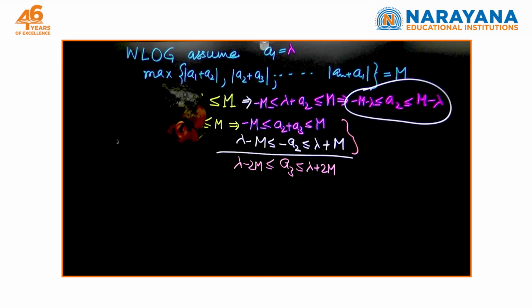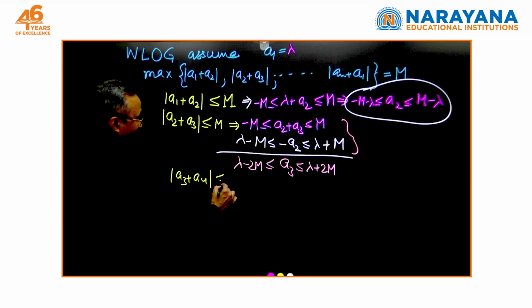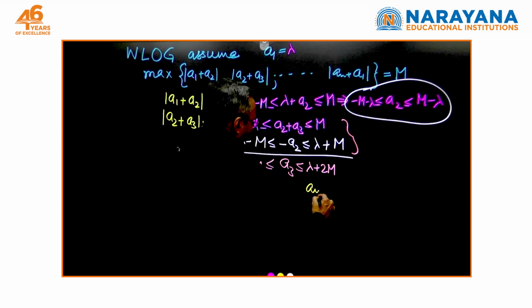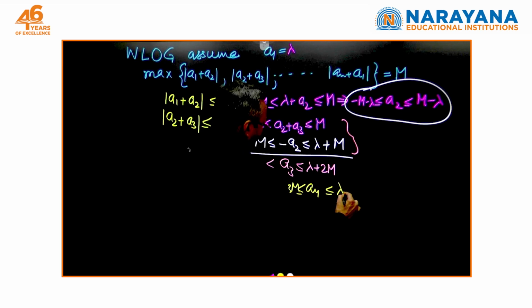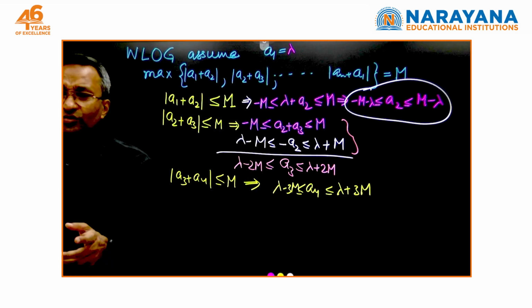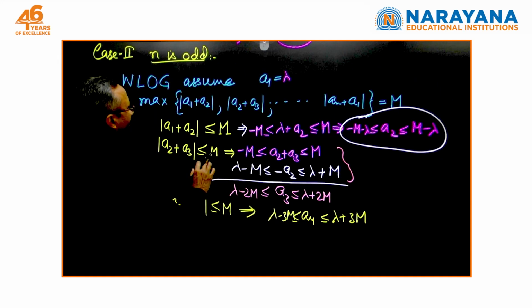Next would be |a3 + a4| less than or equal to m, and this way we get a4 lies between lambda minus 3m and lambda plus 3m, and so on up to an. We realize all those values are there. Once all those values are there, we get a fantastic inequality which gives me a result directly or indirectly. I hope you are getting the crux of this. I'll just squeeze this so you can see all that in one frame.